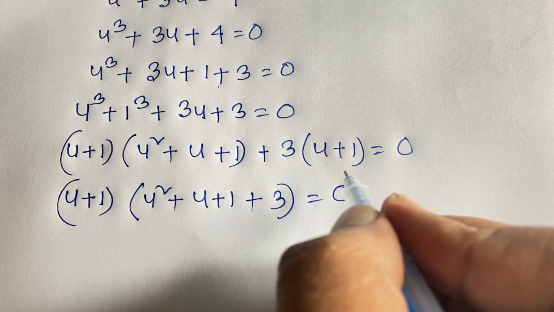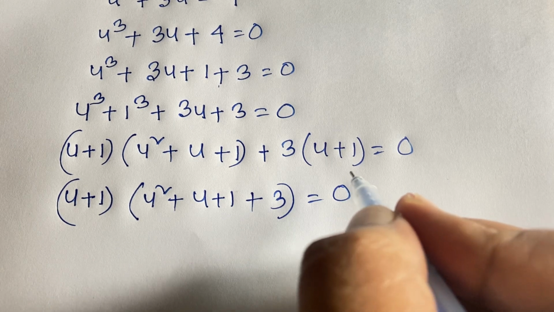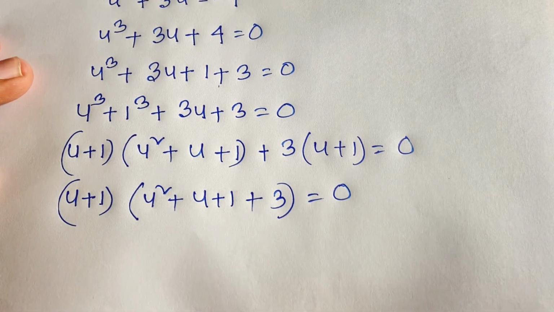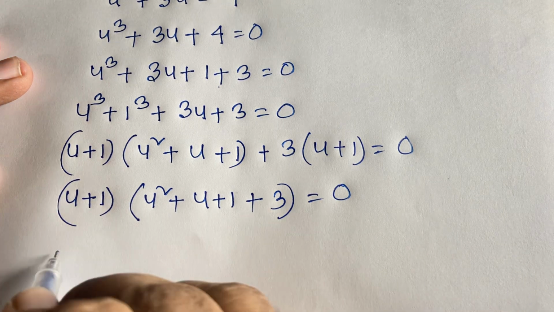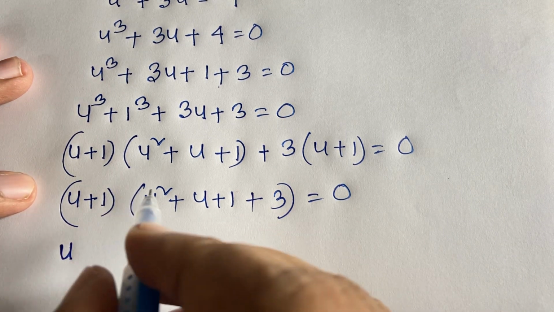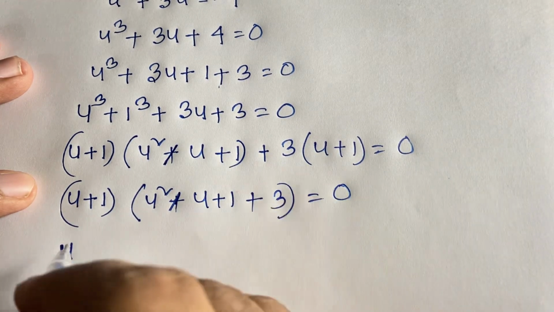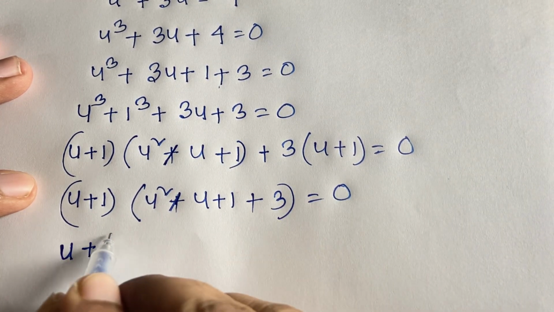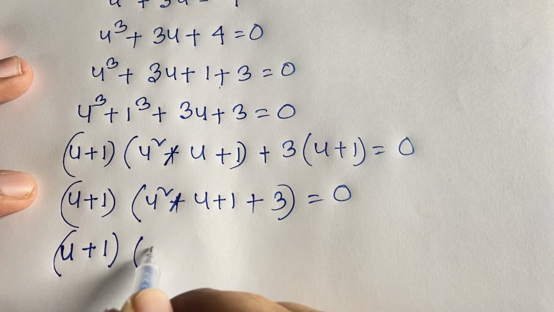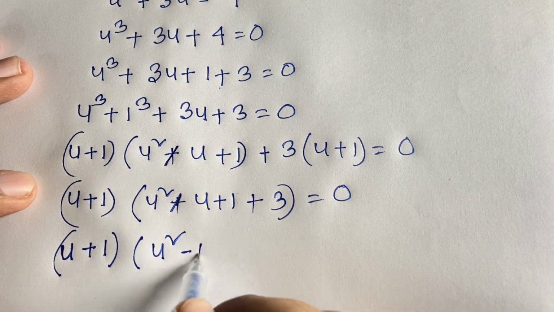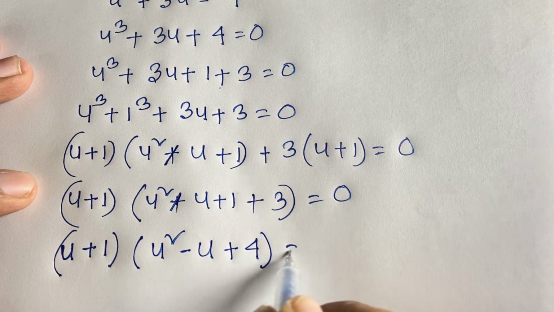Now, a mistake, this is minus, so I can say that u plus 1 times u square minus u plus 4 is equal to 0.